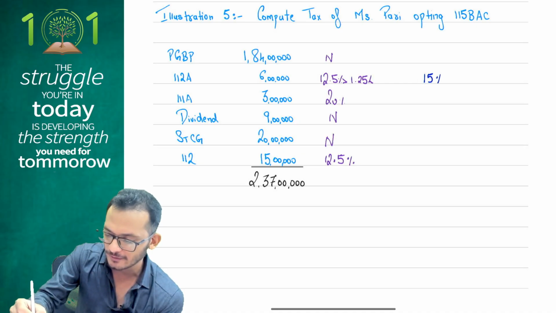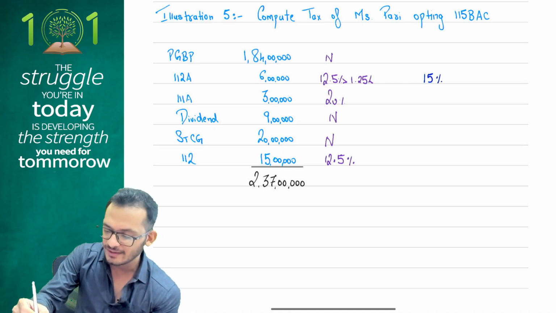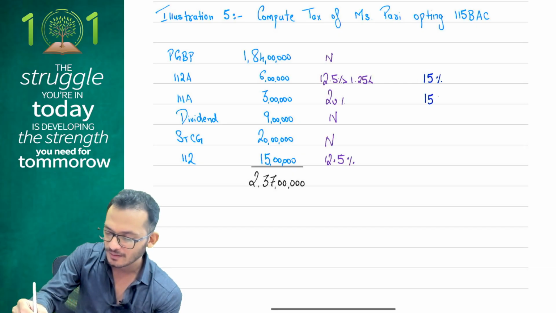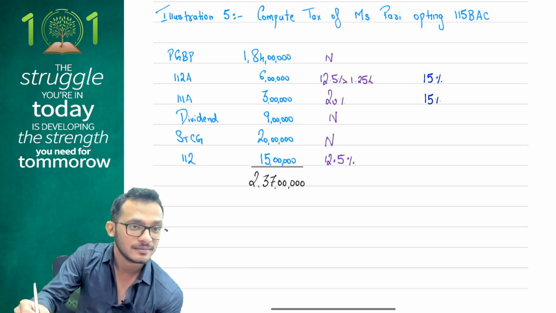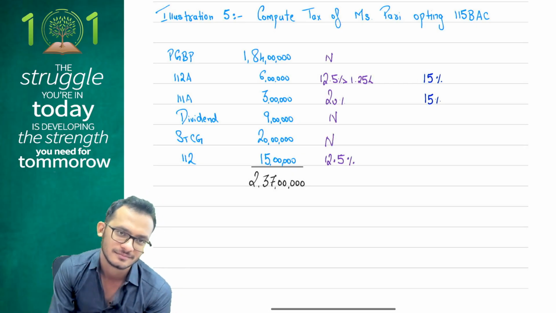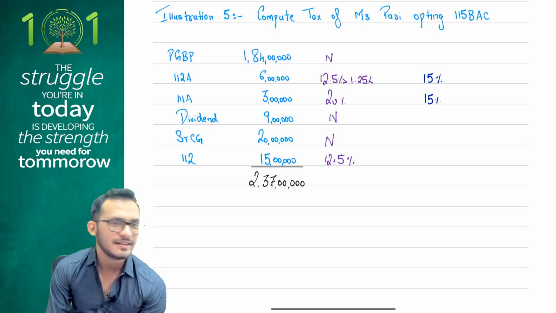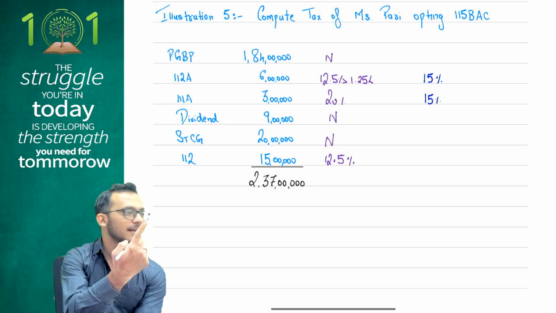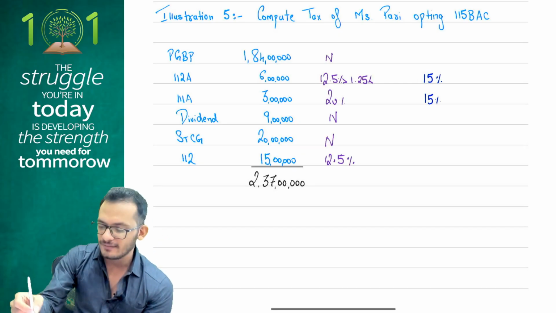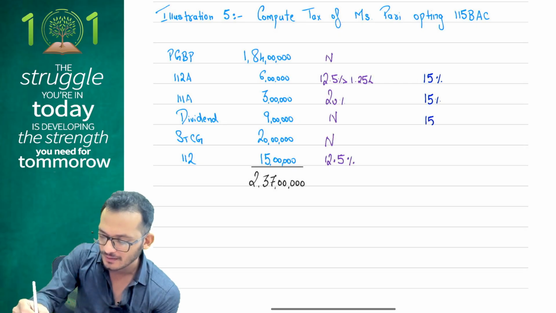112A is going to ask for a surcharge of 15. 111A is going to ask for a surcharge of 15. Dividend is going to ask for a surcharge of 15. Obviously, 4 incomes I told you: dividend, 112, 112A and 111A. And 112 is going to ask for a surcharge of 15.